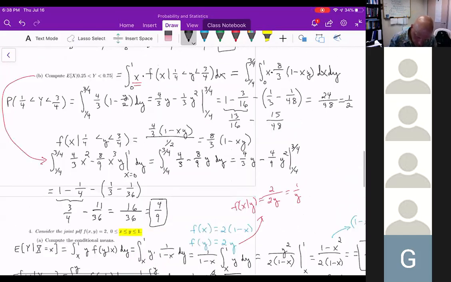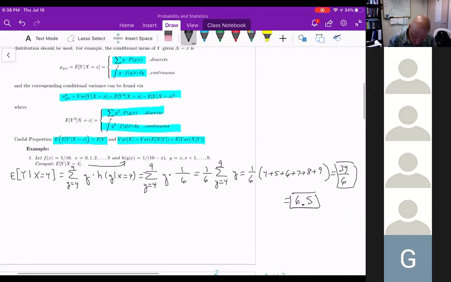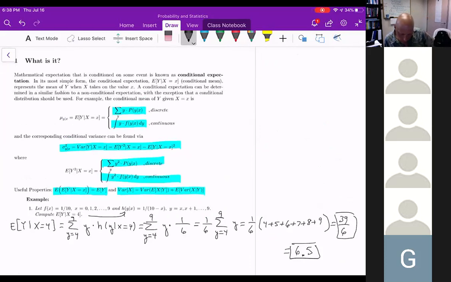So let me take a look at our shortcuts here, and I see that on the bottom, what I highlighted in blue, the first property gives me the expected value of y. The expected value of y is the expected value of the conditional mean of y.